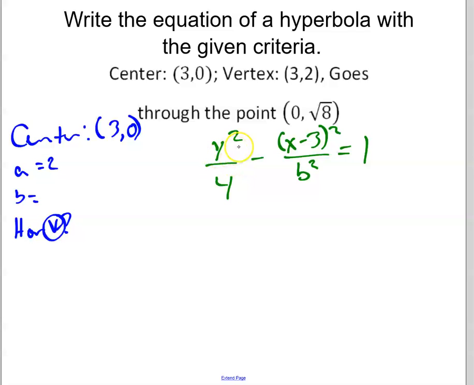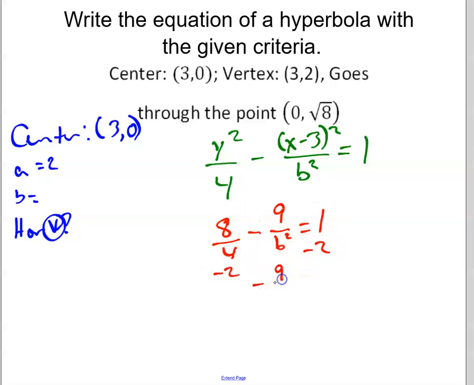So that would give me y squared, which is y is the square root of 8, so square root of 8 squared, 8 over 4, minus 0 minus 3, so that's negative 3. Negative 3 squared is 9. So 8 over 4 is 2, so I'm going to subtract 2 from both sides.